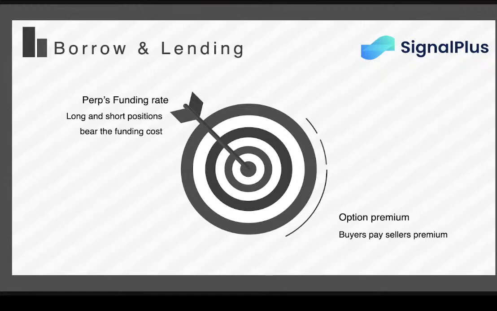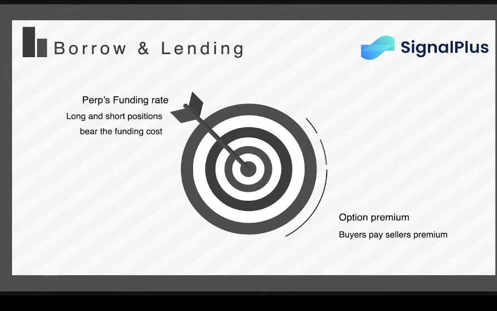On the other side, the lender who is staking their stablecoins in a protocol earns yield from the lending protocol. This is how the borrow and lend market works. One side borrows and pays yield, and the other side does lending, stakes their money, and earns yield from time to time. At the same time, the perpetual market actually works similarly.